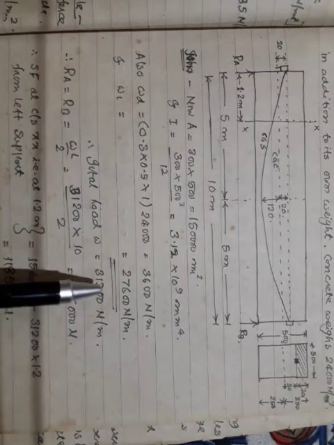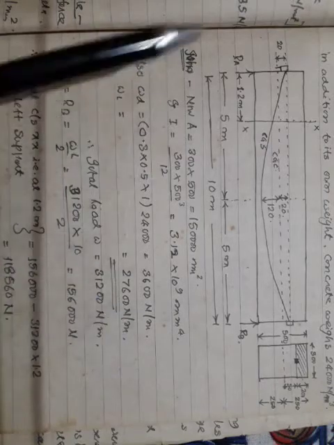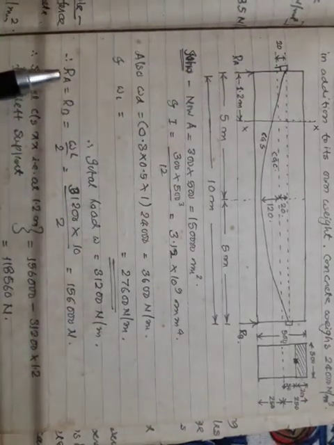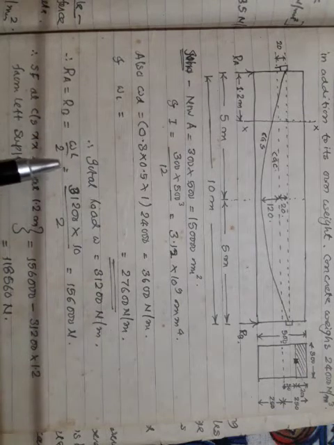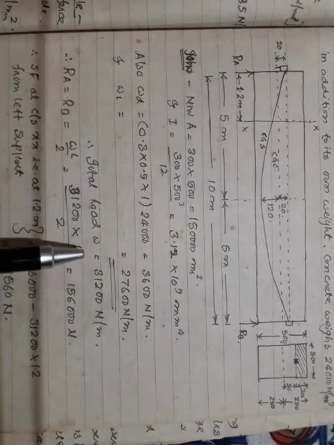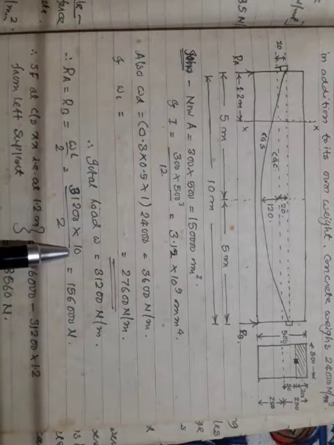It is self weight plus live load. Since I know the UDL acting on the beam, I can easily calculate the reactions RA and RB. It is given as WL by 2. W I know, L I know, the span of the beam is 10 meter, divided by 2. It will give me so much.